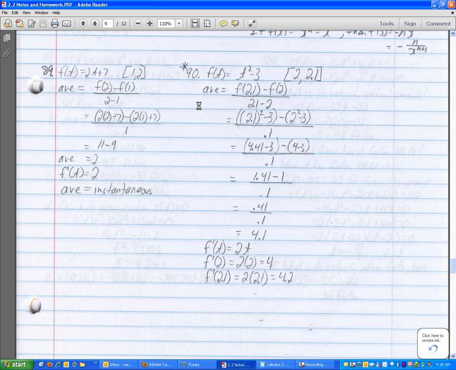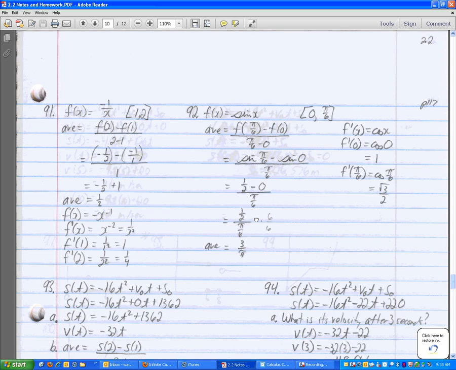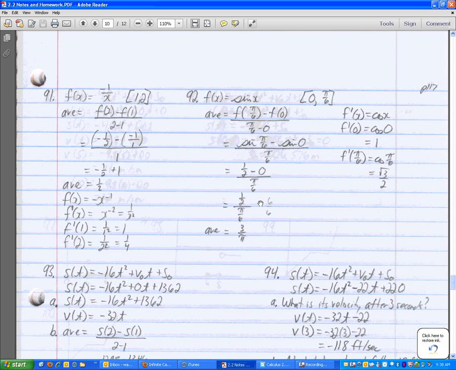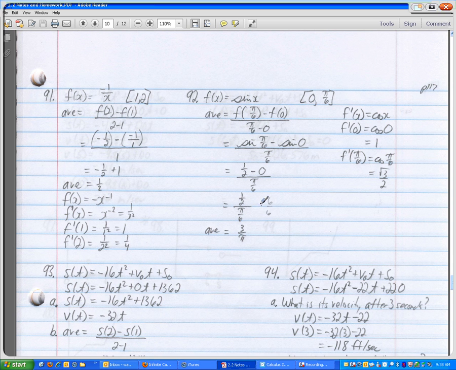91. All right, same directions. So we find the average rate of change. So y2, since our second x coordinate is 2, so that'd be f of 2 minus y1, since our first x coordinate's 1, f of 1, over x2, 2, minus x1, 1. Then we find f of 2.